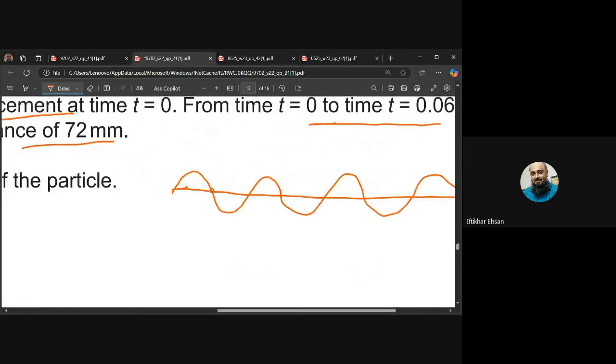So if one particle is at this position, after one time period this point will reach the same position. After a quarter time period, it will go to the highest position. Then another quarter, it will come down. Then in another quarter, it will come down to the lowest point. Then in another quarter, it will go back to the original position, zero. Then in another quarter, it will go to the highest point.